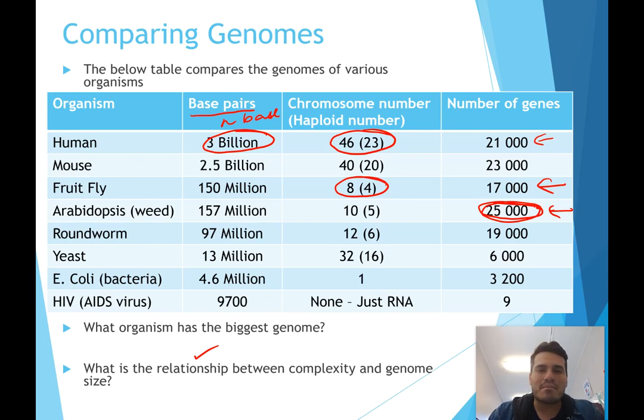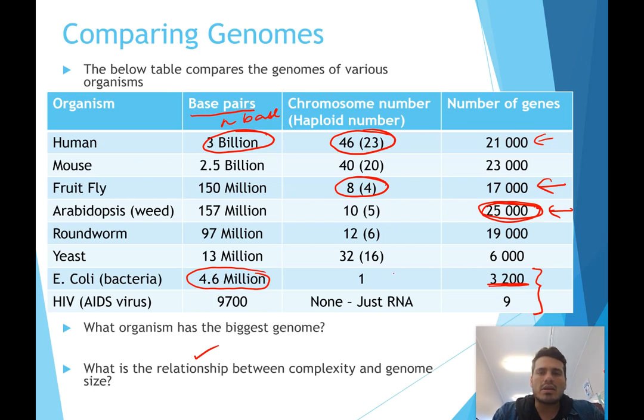An interesting two organisms in here that I've included are E. coli bacteria and HIV, which is the virus that causes AIDS. It's interesting to see that the E. coli, as much as it's the simplest living thing that can exist, is still made up of 4.6 million base pairs. But of those 4.6 million base pairs, it only has 3,000 or so genes.